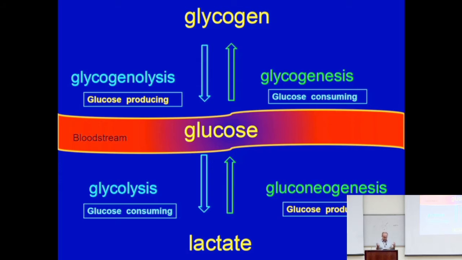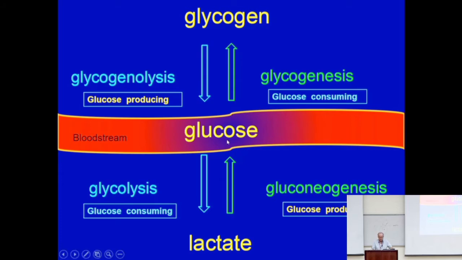So the consumption of glucose, either by glycogenesis, which is glycogen synthesis, or glycolysis, will occur in a well-fed state. That means your blood glucose is relatively high, near 100, 120 milligrams per deciliter or a little more. So that's when these glucose-consuming processes will occur.